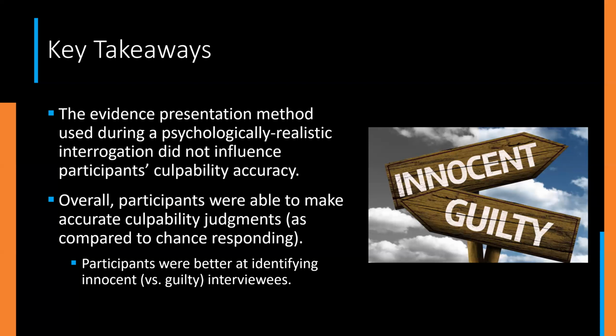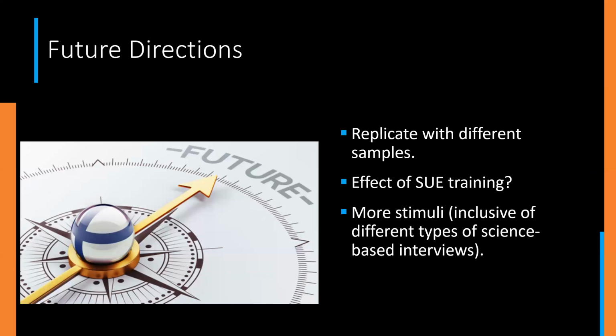So this is potentially a reason that could explain our inconsistency with the SUE literature. Also, this is the first time we're testing culpability judgments within the context of a psychologically realistic paradigm. So potentially there is something to the type of paradigm being implemented, but that's definitely a question for future research to address, and this needs to be replicated, which leads to my discussion of future directions.